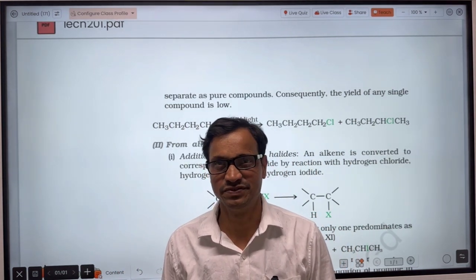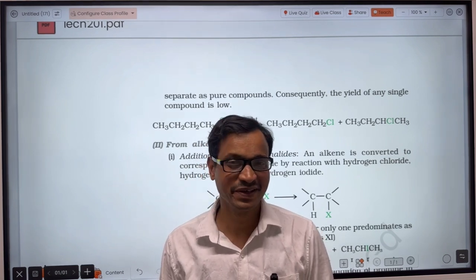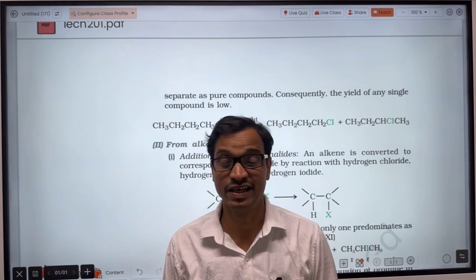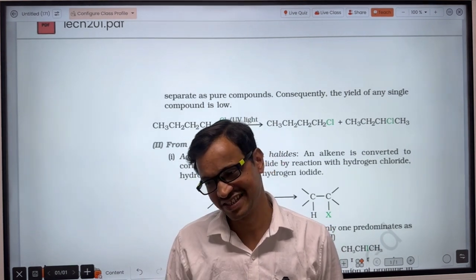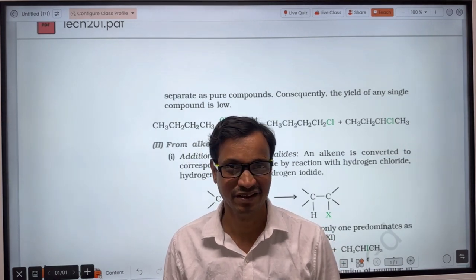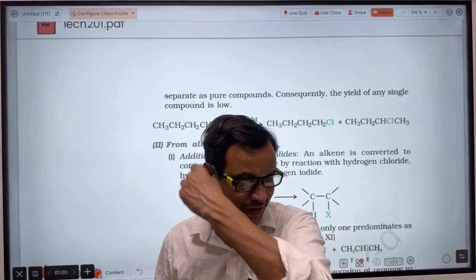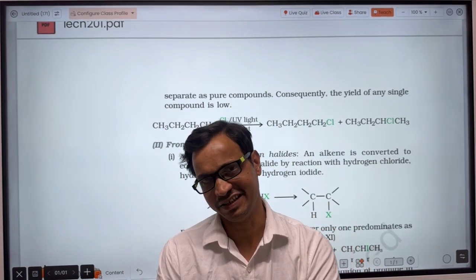And in the case of the IIT Main examination, alkane will react with chlorine, alkene will react, and alkyne will react with chlorine, and it will ask which reaction will be most favorable for the formation of haloalkane, that is, for the halogenation. That means which among alkane, alkene, and alkyne.